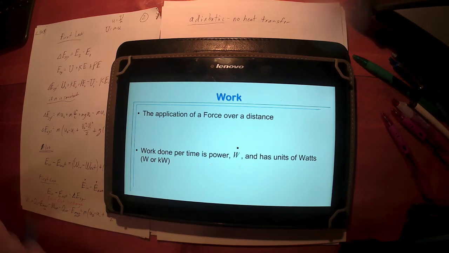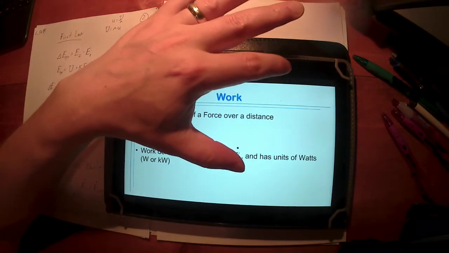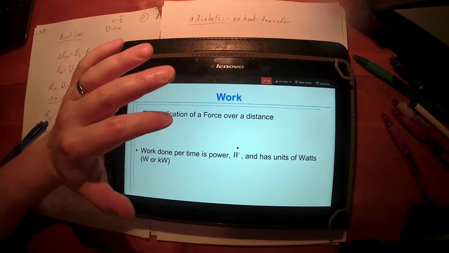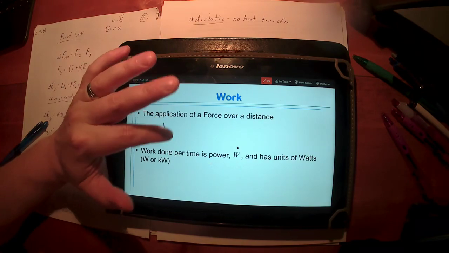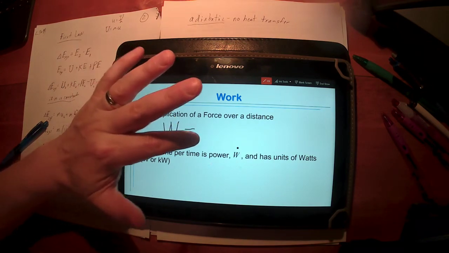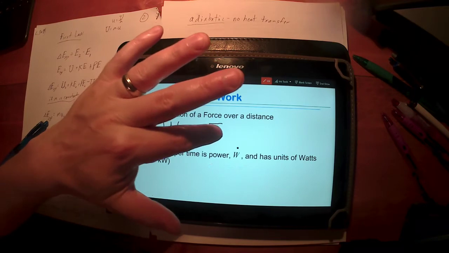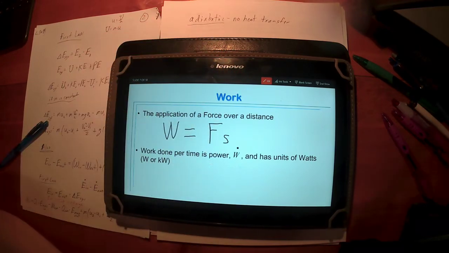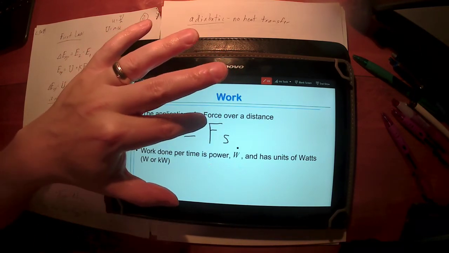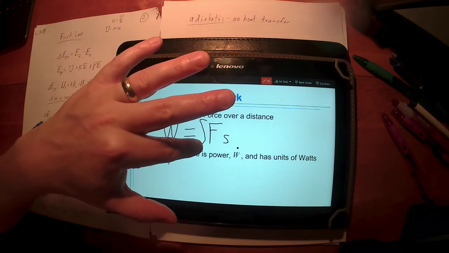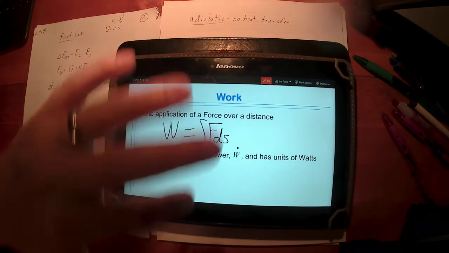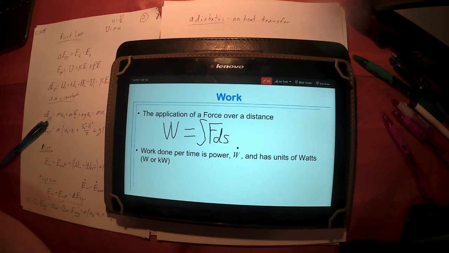The application of force over a distance, that is work. So in a physics class, they may have taught you work is equal to force times distance, right? Well, that's only partially true. It's actually the integral of force with respect to distance. I'm hoping they talked to you about that.